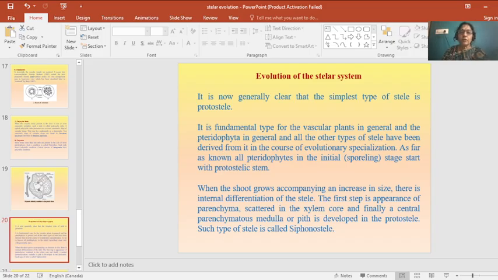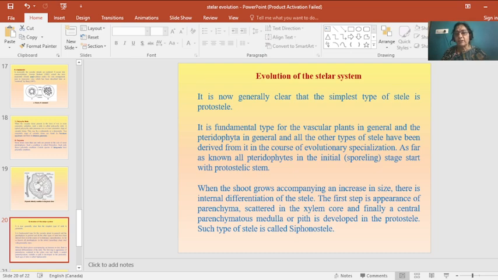If you see the evolution of the stelar system, it is clear that the simplest type of stele is the protostele, the fundamental type of vascular plants in general and pteridophytes, from which all other types of steles have been derived in the course of evolutionary specialization.